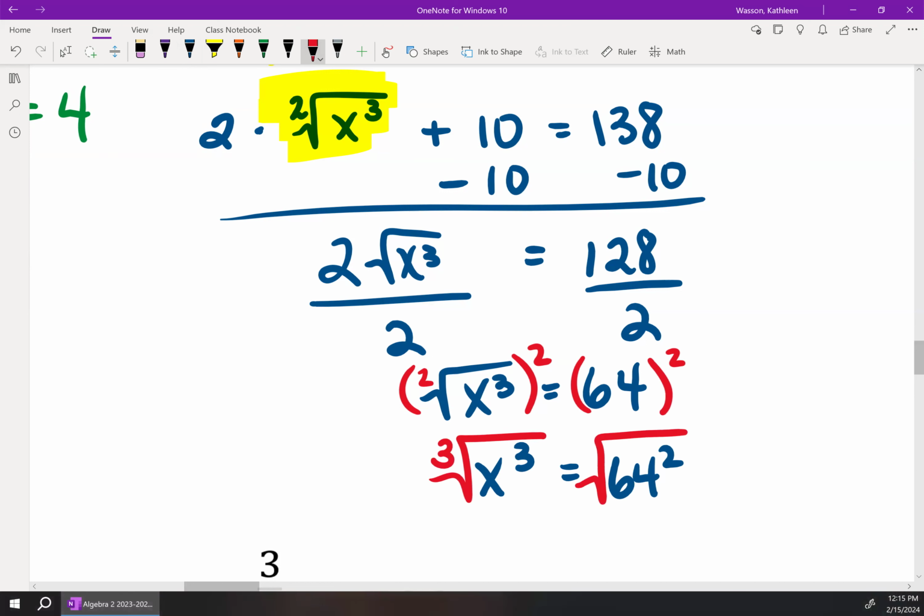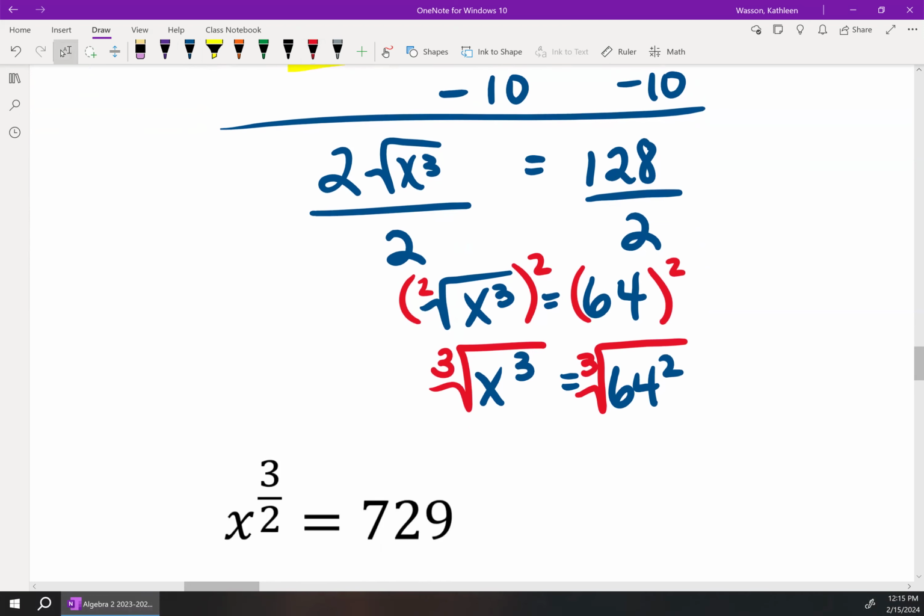I also need to do cube root 64 squared. So x is cube root of 64 squared. Put that in the calculator. You can also work it out by hand. Either way, x is equal to 81.